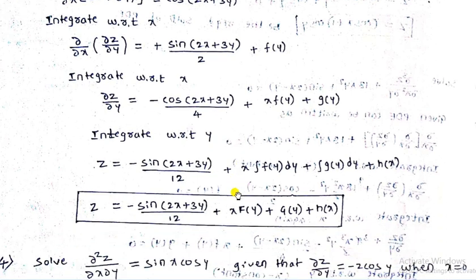Then denote integral of f of y dy as capital F of y, integral of g of y dy as capital G of y, and keep h of x as it is. So which is the solution.